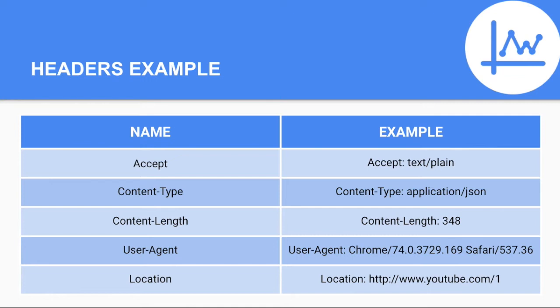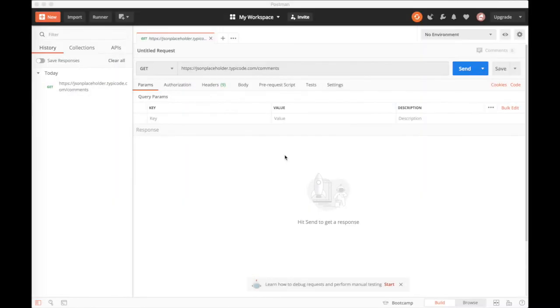Now it's time to take a look at where we can find request headers and response headers in Postman. On the screen, you should be able to see Postman. So this is the application that is used to make HTTP requests.